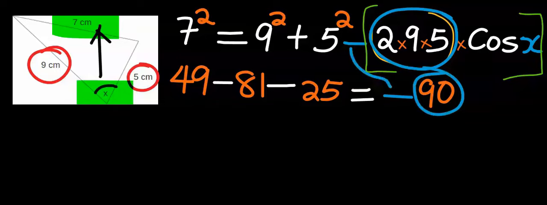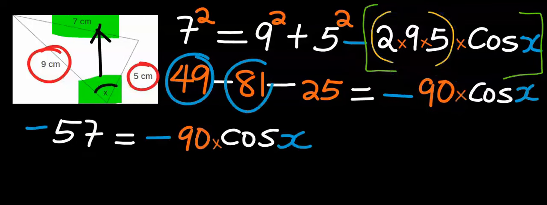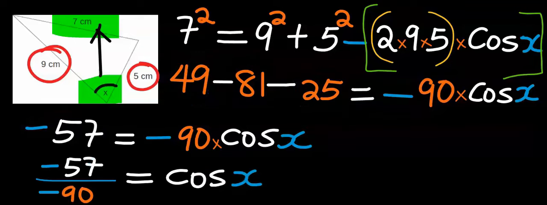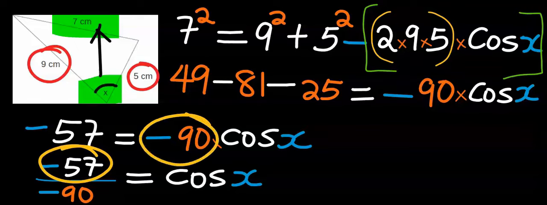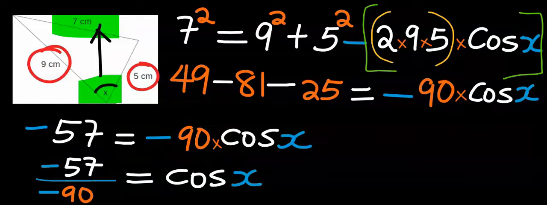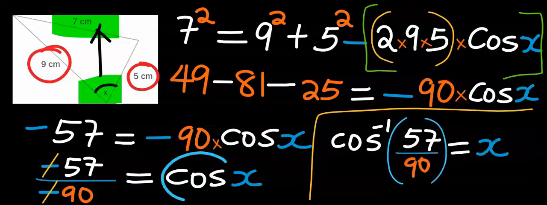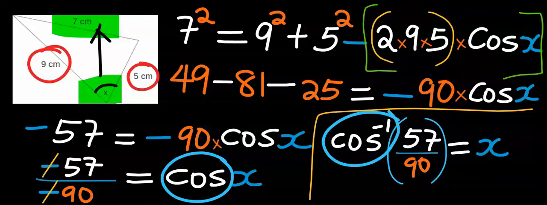This minus is still here. 49 minus 81 minus 25 will give you minus 57. Next, minus 57 we divide minus 90. Next, minus will cancel out minus. Next, to isolate x, cosine will move to become cos inverse on the other side.